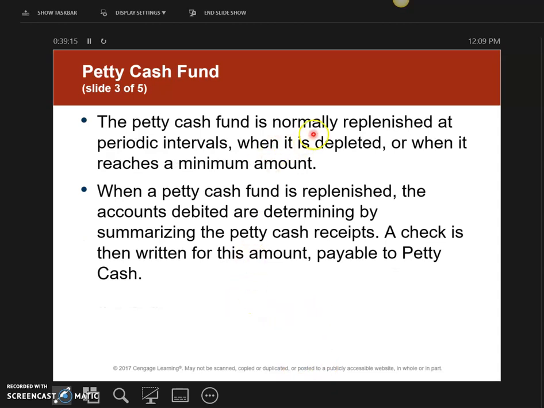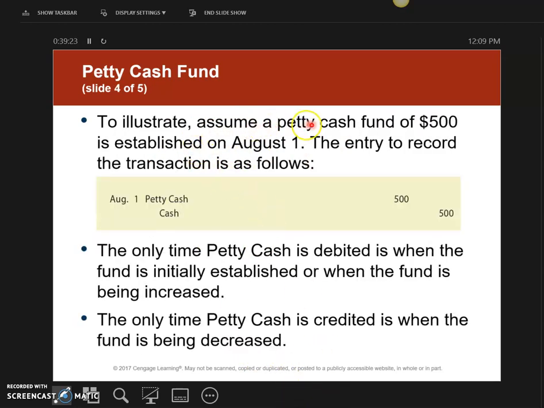So here we go. Let's just get started and take a look at things. I set up a petty cash of $500 for August 1st. So here's the journal entry. This is journal entry number 1 to establish the petty cash. So I give George a check for $500 made out to him.